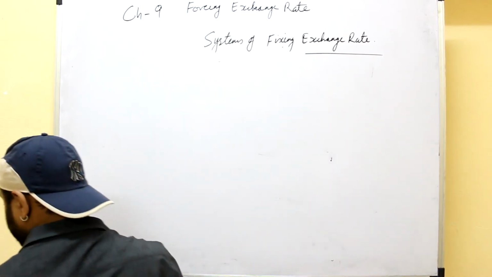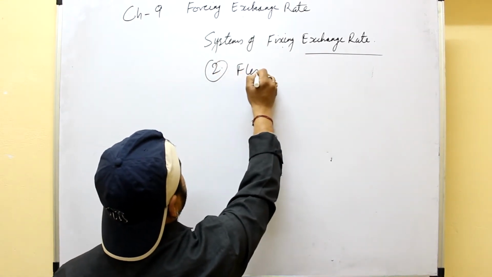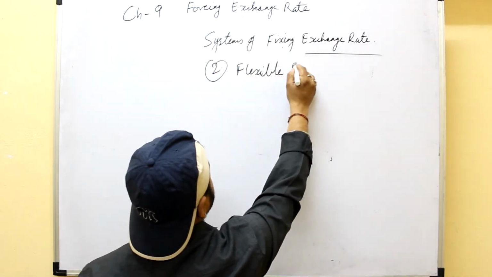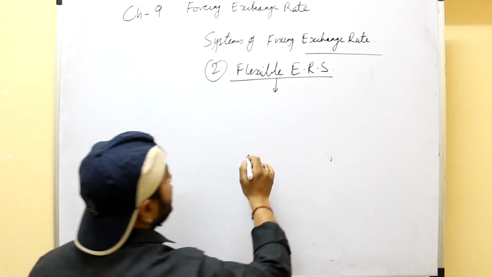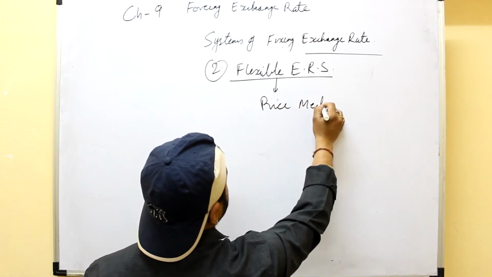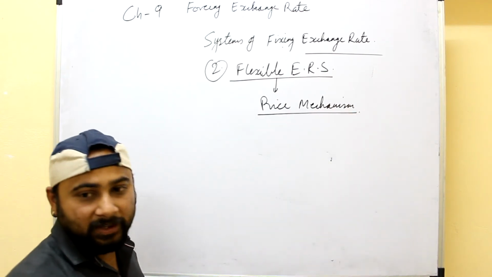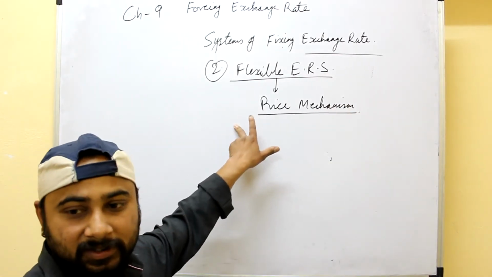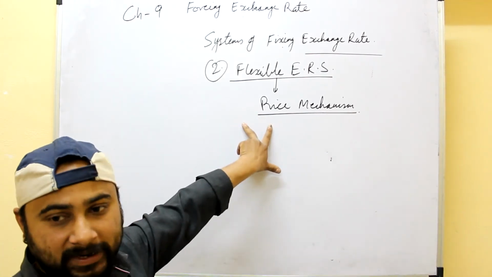Okay, so the second system is the flexible exchange rate system. Under the flexible exchange rate system, price mechanism operates. Price mechanism, remember we have already done in microeconomics. It is determination of the price according to the forces of demand and supply.